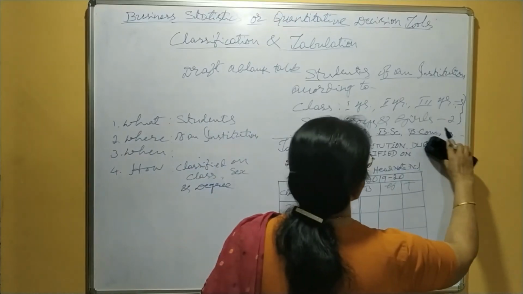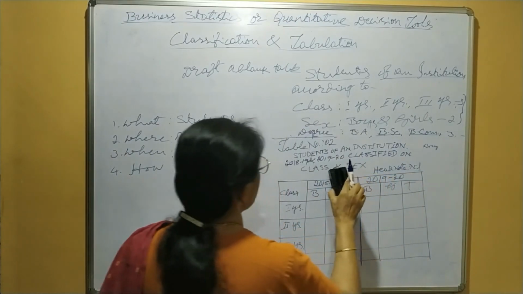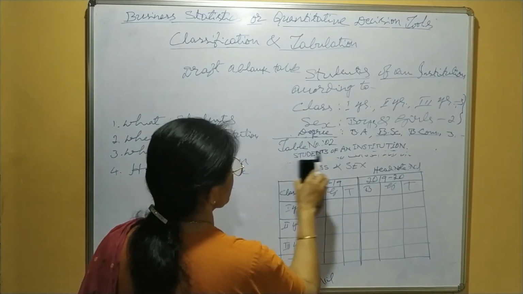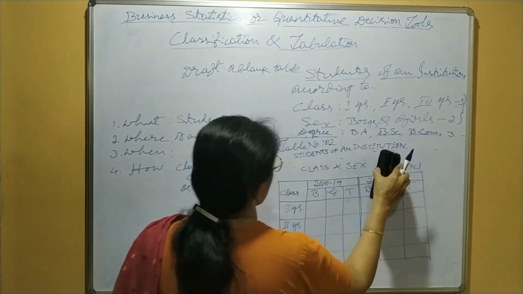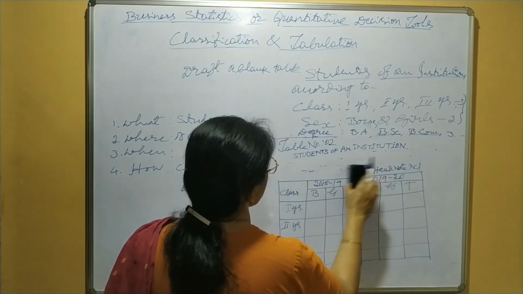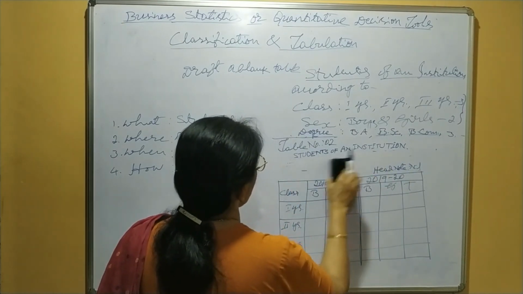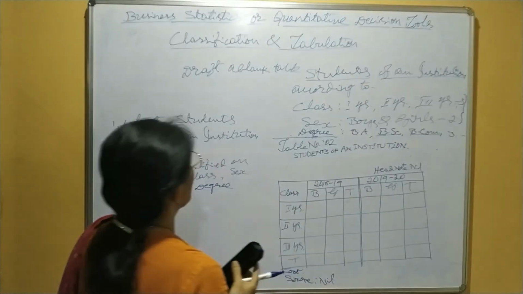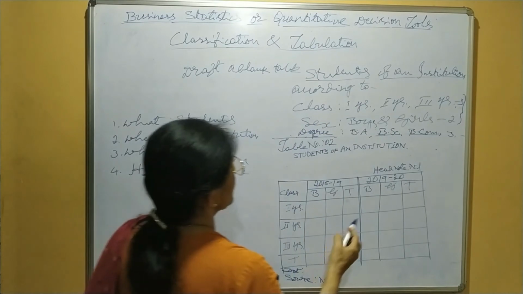Here again, during will not come. Students of an institution classified on, or distribution of students by class, sex and degree.